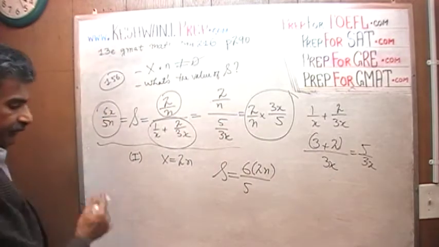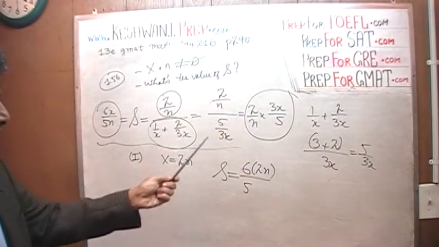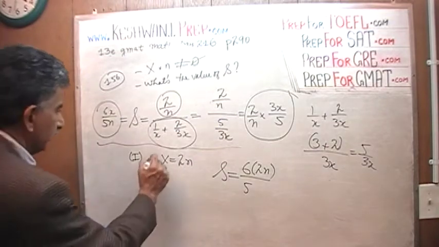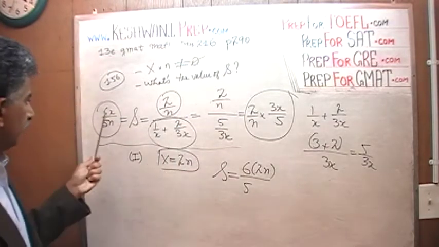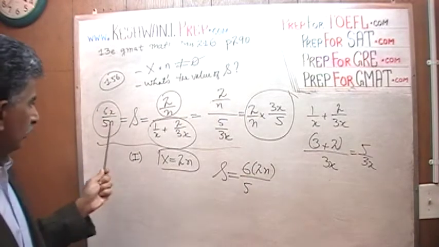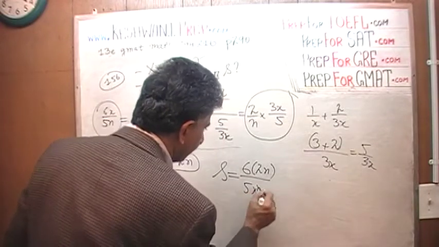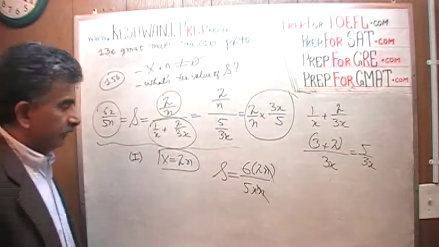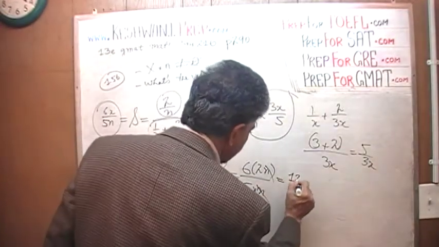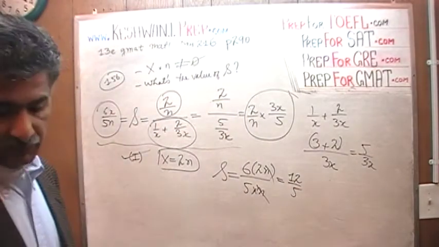We are told in the first statement x equals 2n. Put it in here. So it's 6 times 2n over 5 times n. N is going to drop out. And the question was, how much is s? S is simply 12 over 5. The first statement by itself does the job beautifully.